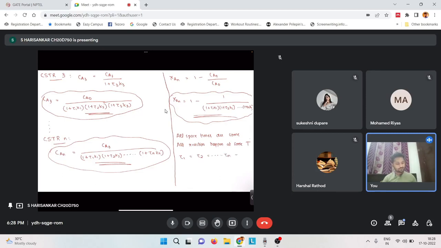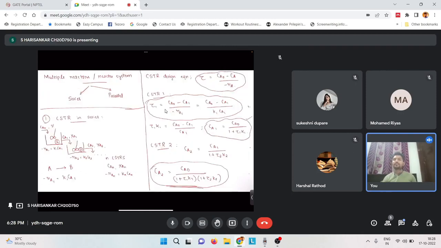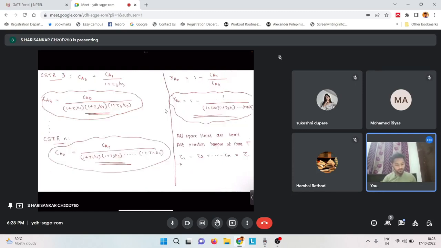Let's just take a general space time as tau. And if the reaction happening in CSTR1 is the same as the reaction that is happening in CSTR2, so basically what this means is minus Ra1 is equal to minus Ra2 is equal to etc. till minus RAN. And let's take the general term as minus RA.